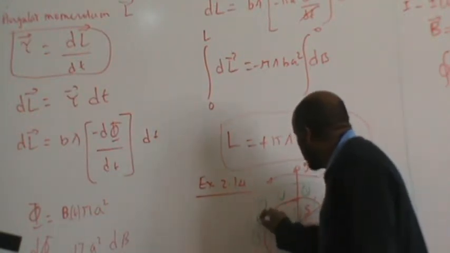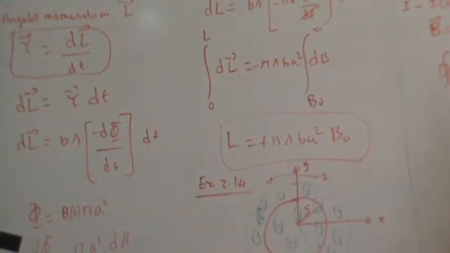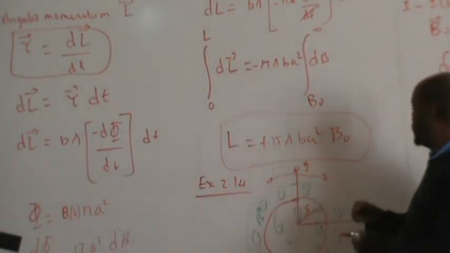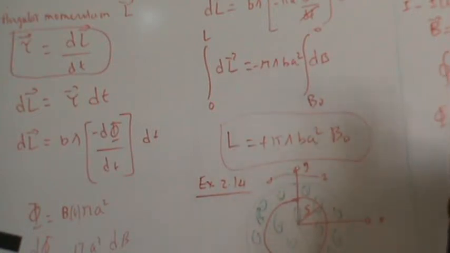So the flux bounded by this conducting loop is just mu naught n I times pi s squared.